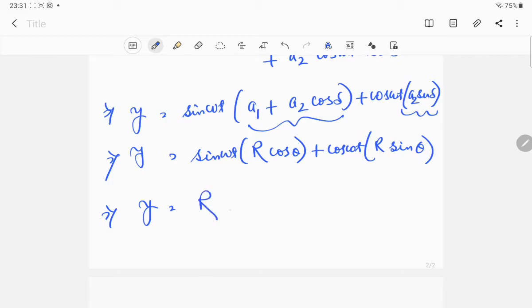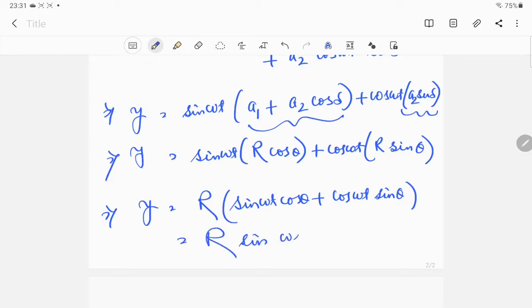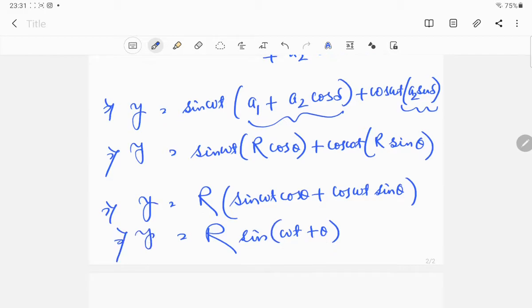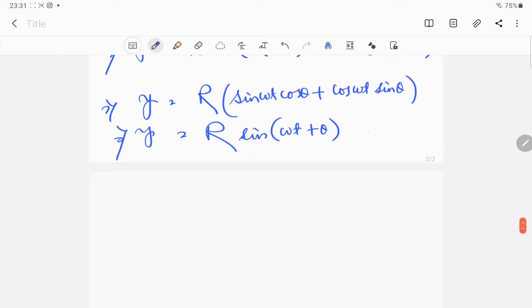So it is r (sine omega t cos theta plus cos omega t sine theta). Okay, so it is nothing but r sine (omega t plus theta). So this is the resultant amplitude. Let it be our equation number 3.